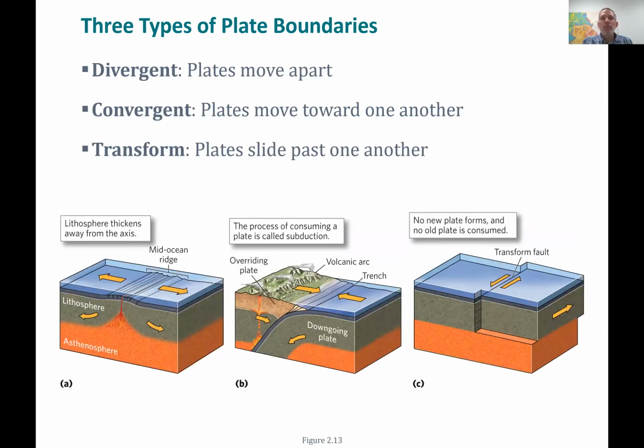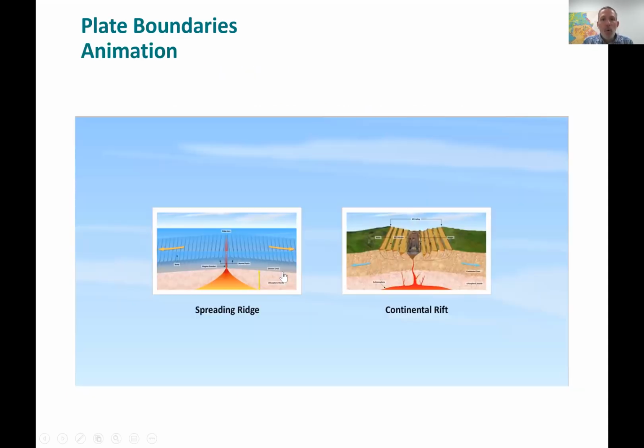And these plates can either pull apart to diverge, come together, converge, or slide past one another, transform. When plates are pulling apart, what's going to happen is these plates are moving further and further apart, and new material is coming up in between. If this occurs in the ocean, it's going to create a new ridge, a spreading ridge.